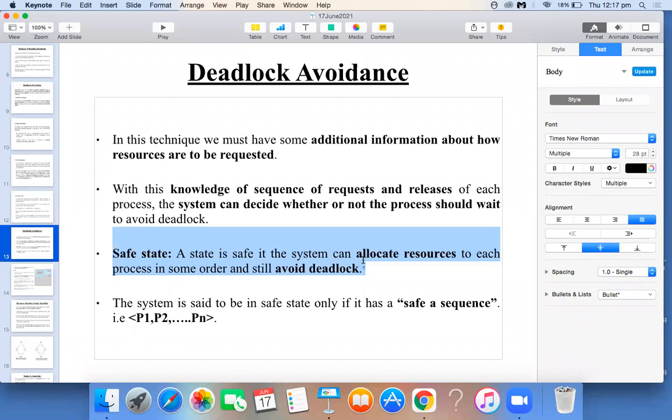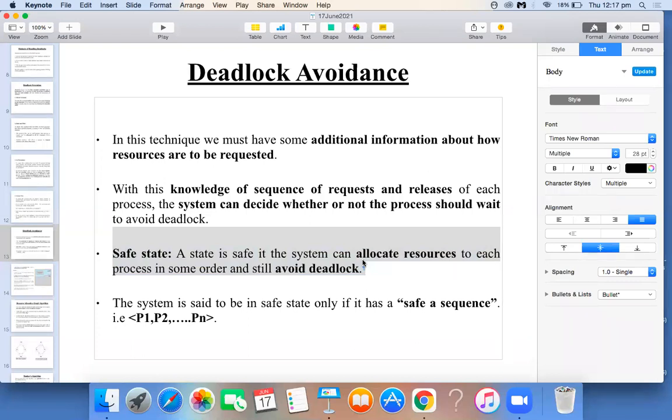All the processes which have requested resources, we allocate the requested resources to those processes, and still our system is running normally. It has not entered the deadlock state. Then it is called a safe state. So this is very important. You can expect it as a definition in your examinations: define safe state, or what is a safe state.